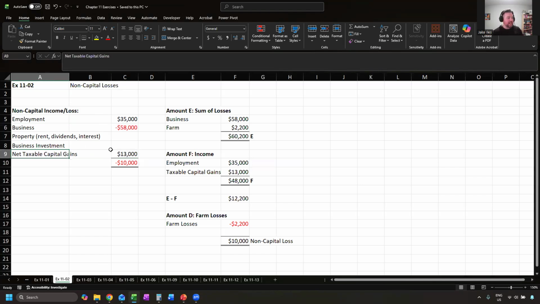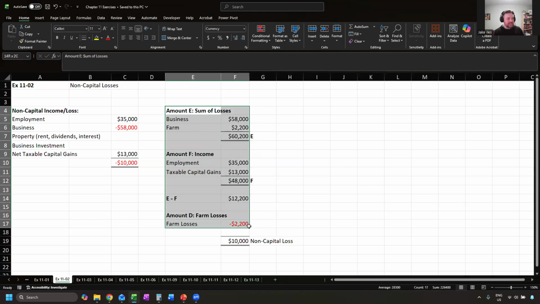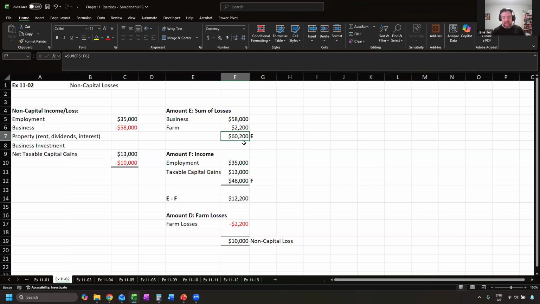When we apply our incomes against our losses, we net a loss of $10,000. In the format of our E minus F minus D, it'll look like this. Our business and farm losses will be combined to say 60,200. There's our E. From our E, we will subtract the income that we're applying the losses to. Employment's 35,000, taxable capital gains of 13.